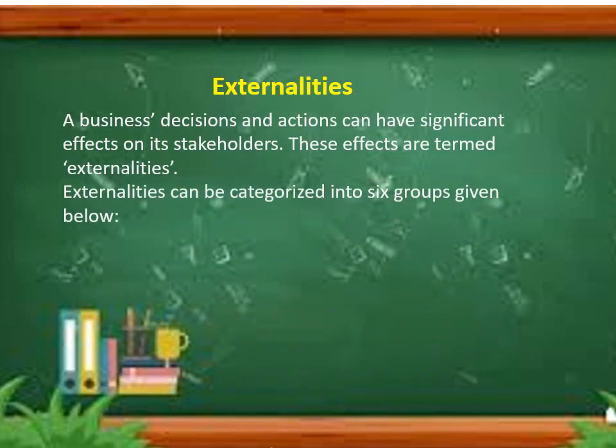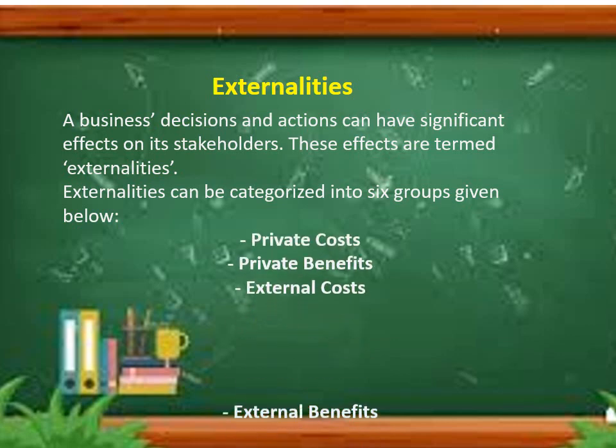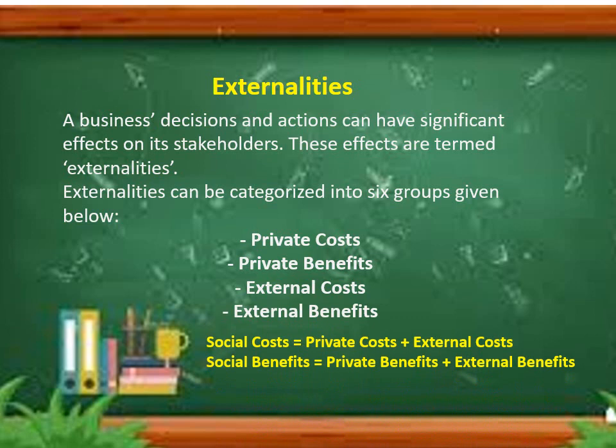Sometimes businesses add positive benefits to the society, and sometimes there could be a negative side of a business. These negative impacts of the business on the society are called externalities.